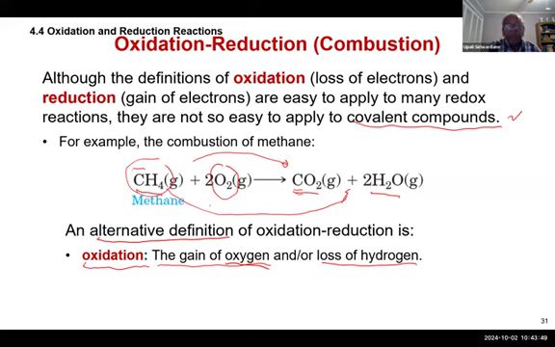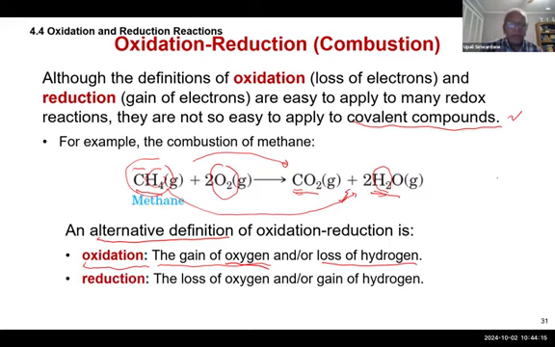This is loss of hydrogen. There are 4 here. There are 2 here. Therefore, this process is an oxidation. Reduction is defined for covalent compound, loss of oxygen or gain of hydrogen.